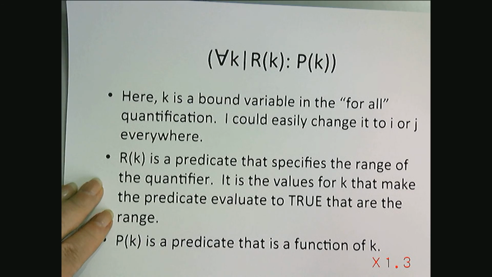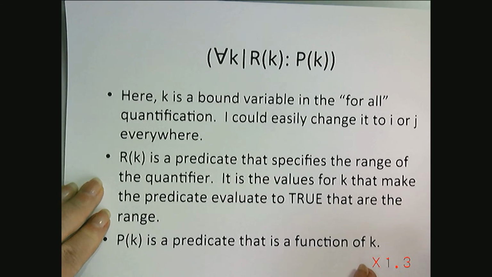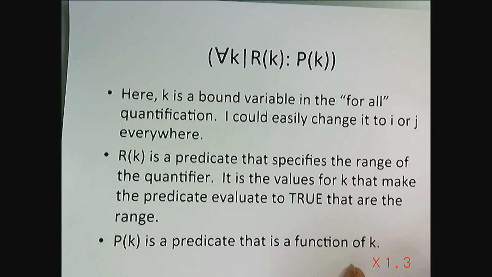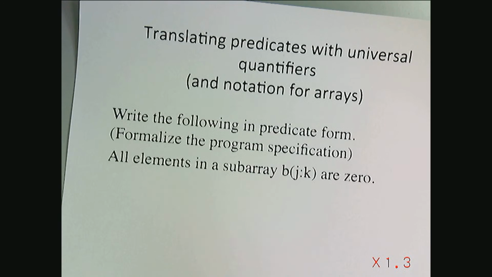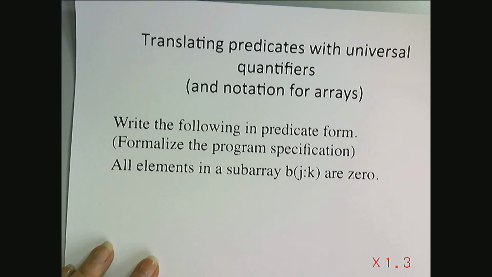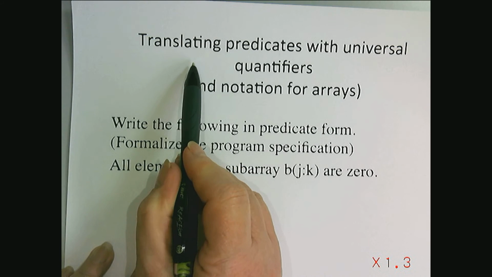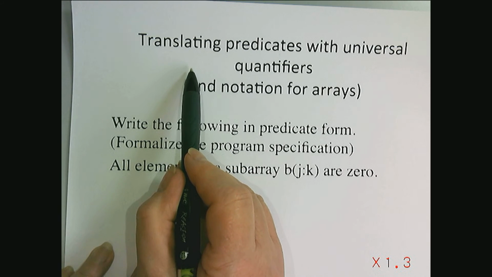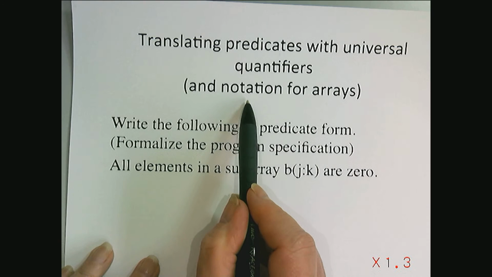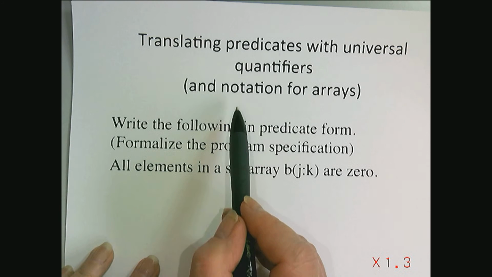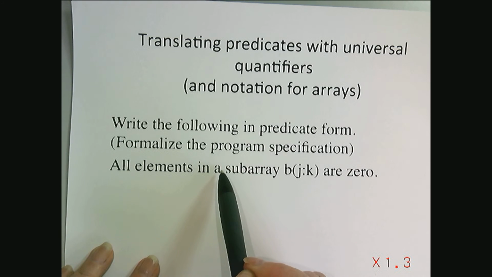Let's look at an example of when we might use this universal quantification. Sometimes what I like to do is to translate English specifications into symbolic forms. In this particular example, what I want to do is translate predicates with universal quantifiers, and you'll also get an idea of the notation we're going to be using in this course for arrays.